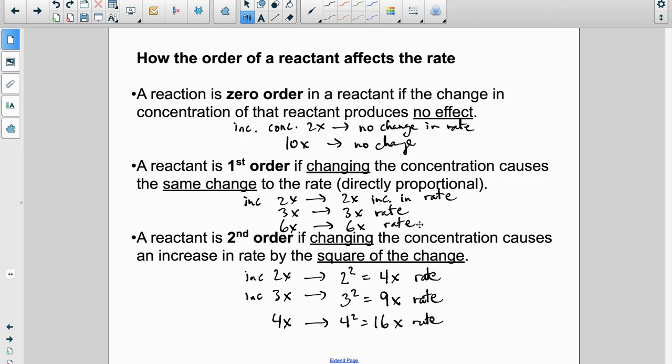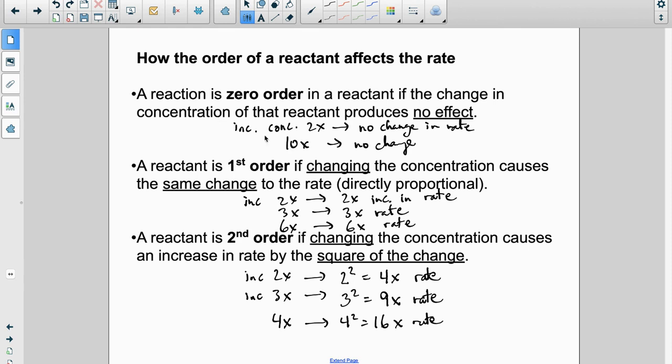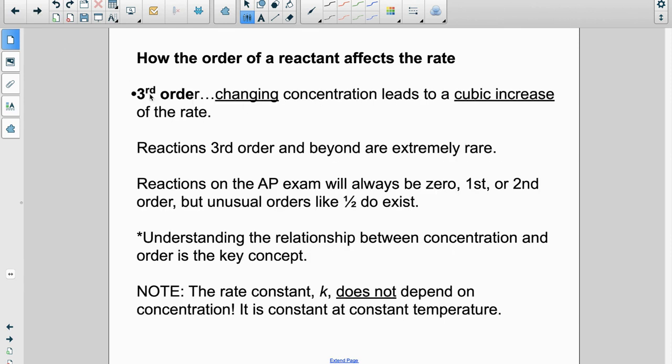And like I said, 0, first, and second are the orders you will see on the AP exam. Third order would be changing the concentration, which leads to a cubic increase of the rate. Let's just use 2. If you double the concentration, you're going to get 2 to the third, 8 times the rate.